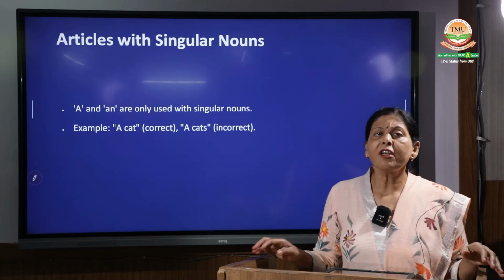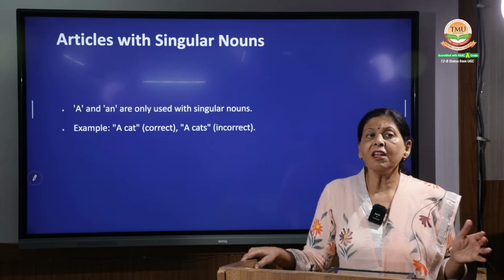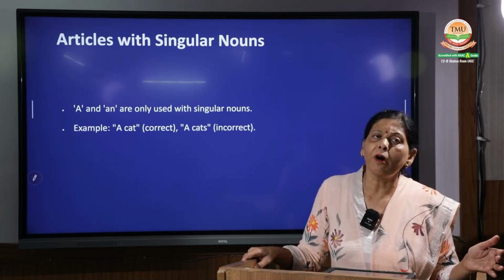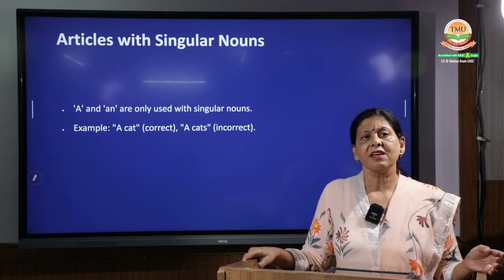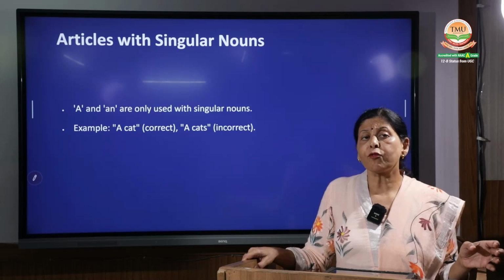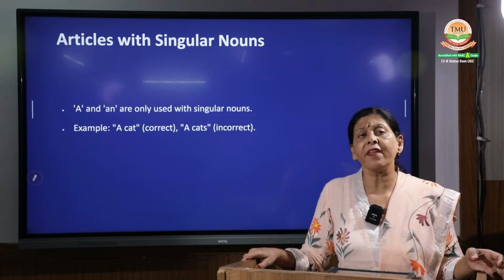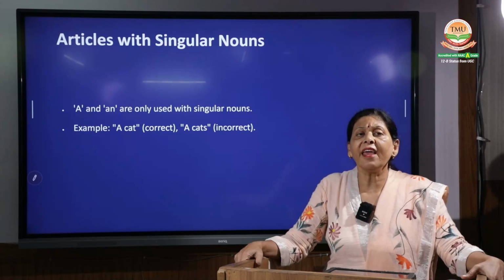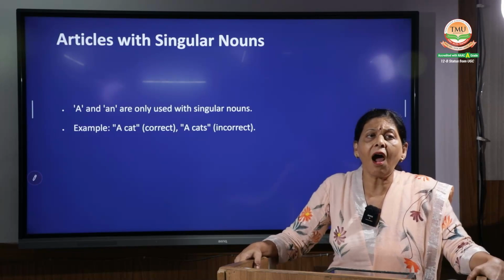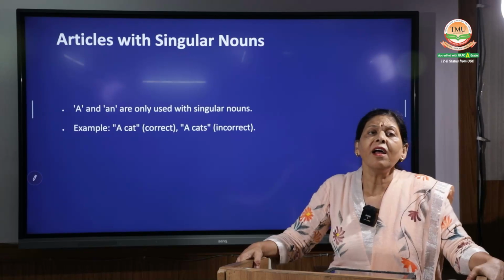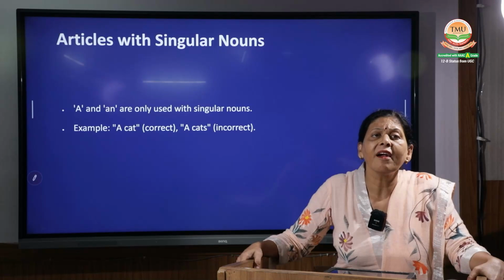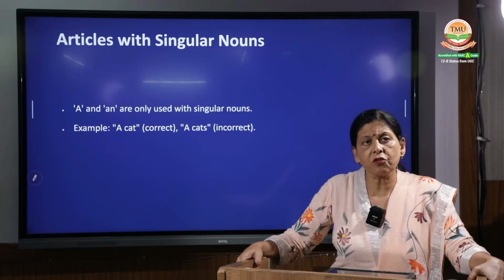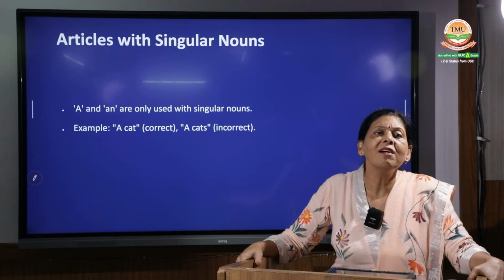Means we have to refer to both the letter and the sound, because in the English language there are certain words where the letter and the sound are different. Letters are consonant but the sounds are vowel.